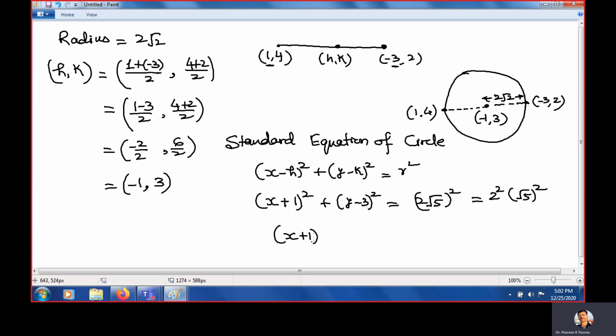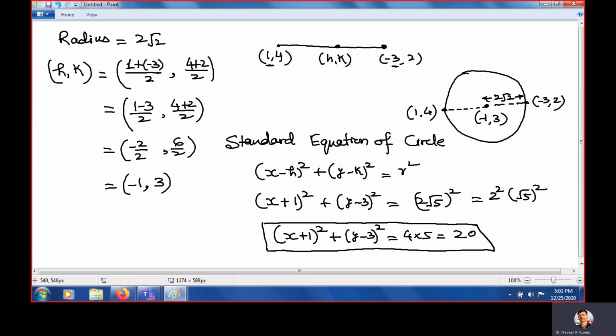So the exact equation will be 2 power 2 is 4 into 5, that is 20. This is the standard equation of this circle. This is a different type of question where you need to find both the value of radius and the center of circle. Clear?